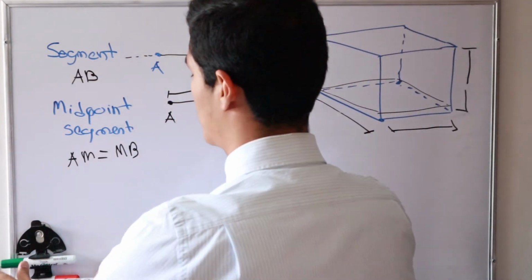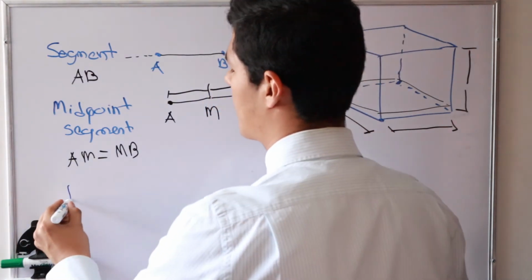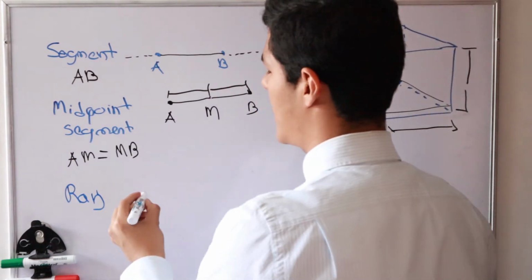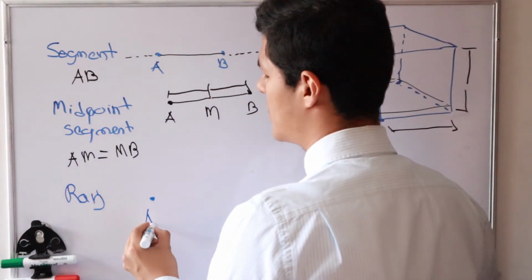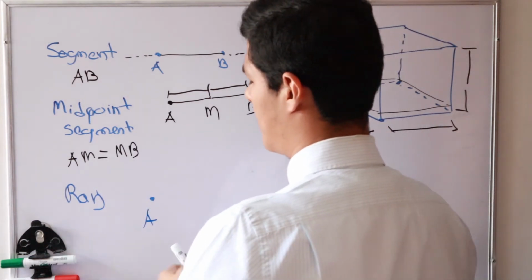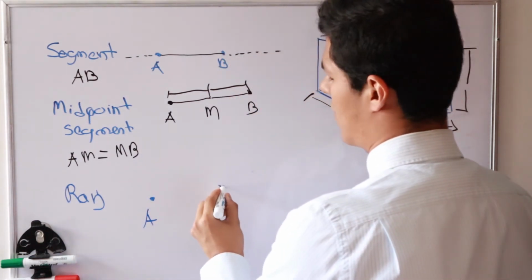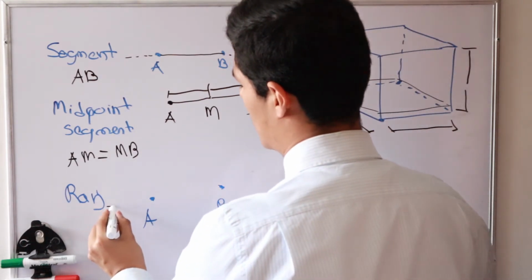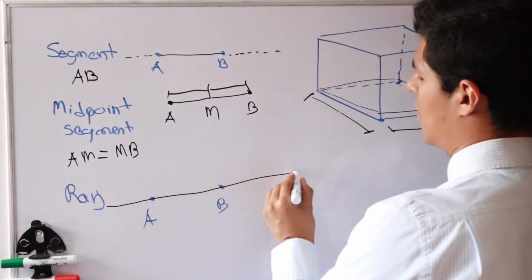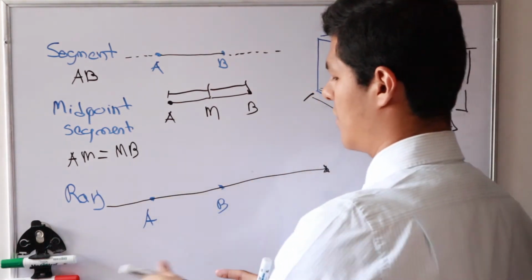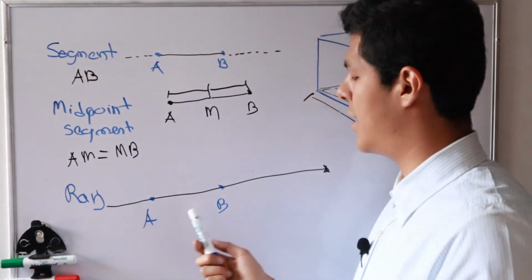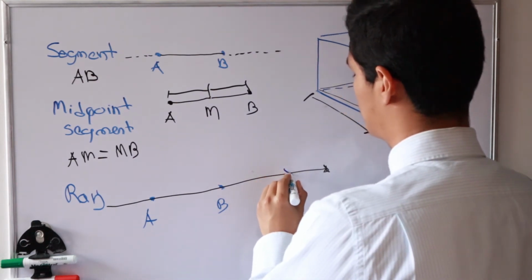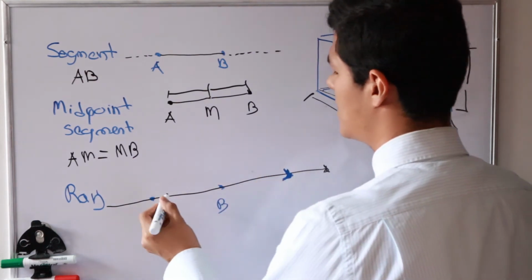And finally, guys, we need to define what is a ray. A ray, guys, would be that we have a beginning point A and another point B on a line AB. A ray with the beginning of A and direction of B would be this notion.